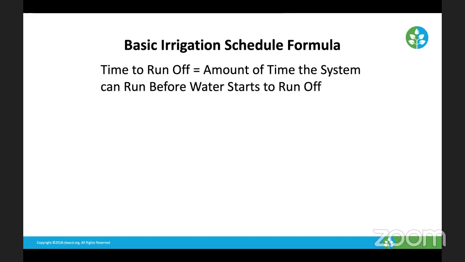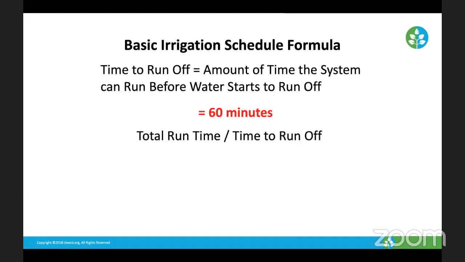Depending on your site, if you're on a slope, this number could be a lot smaller. But for our system here, it's 60 minutes. So we know we can run the system for 60 minutes, and the majority of that water, if not all of it, is going to be absorbed in the soil. So what does that mean for my schedule?